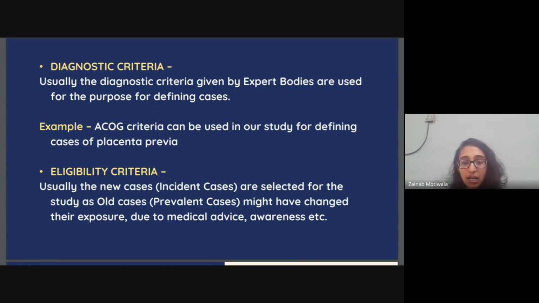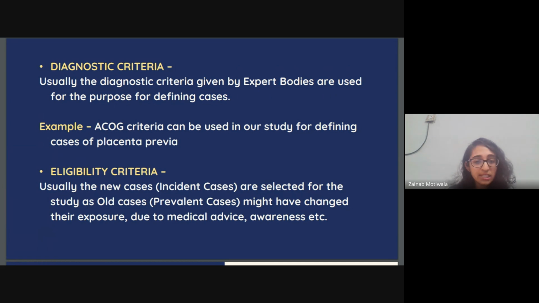And when we talk about eligibility criteria, we usually try to include new cases as compared to old cases, because with old cases there might be changes in their exposure because of medical advice given once the disease has been diagnosed, and because of the patient's awareness of the disease, and that could change the outcomes.